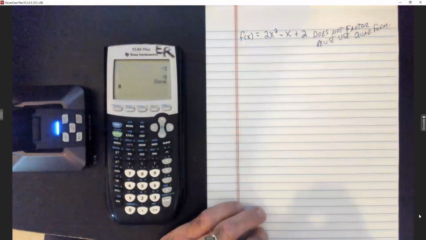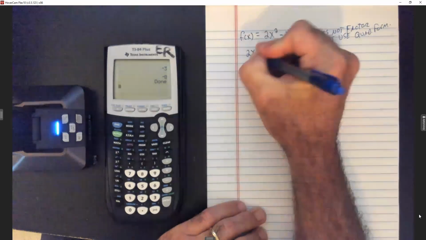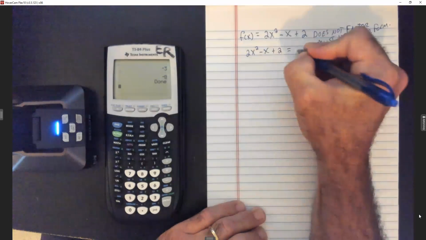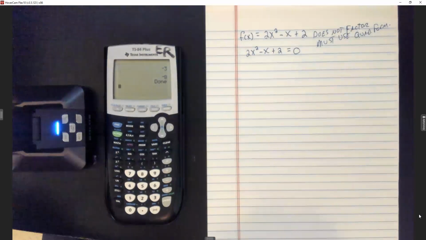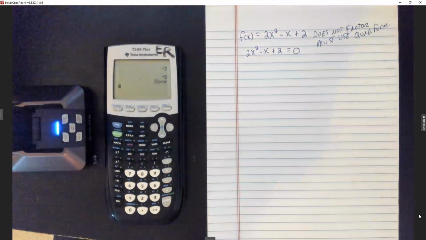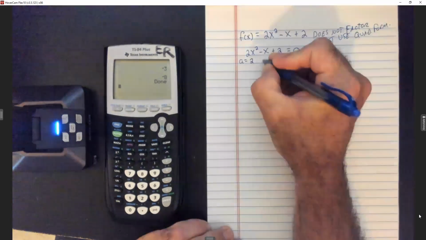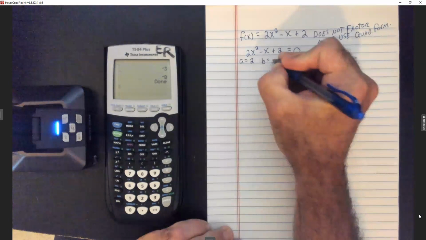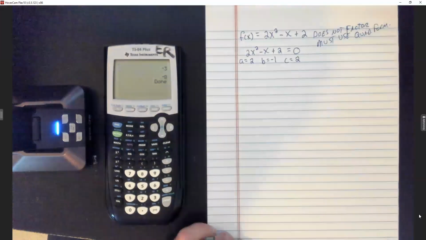So we're going to take 2x squared minus x plus 2 and set it equal to 0, and figure out our three numbers. A will be 2 this time, B will be -1, and then C will be a positive 2 at the end. All right, so let's plug it in.